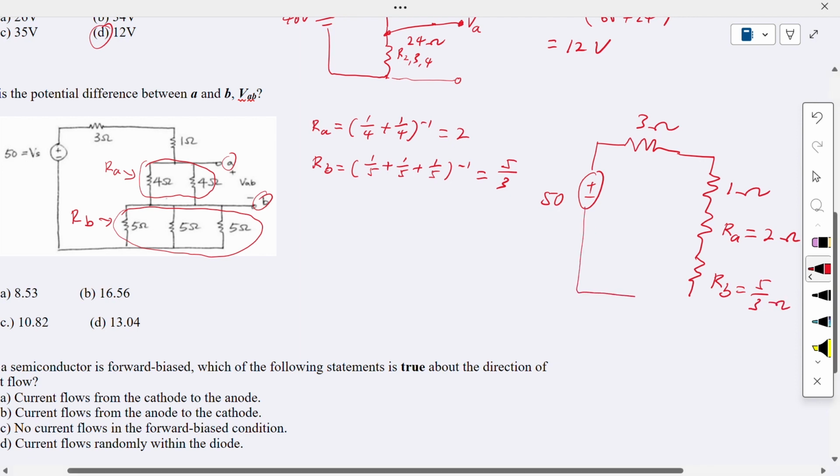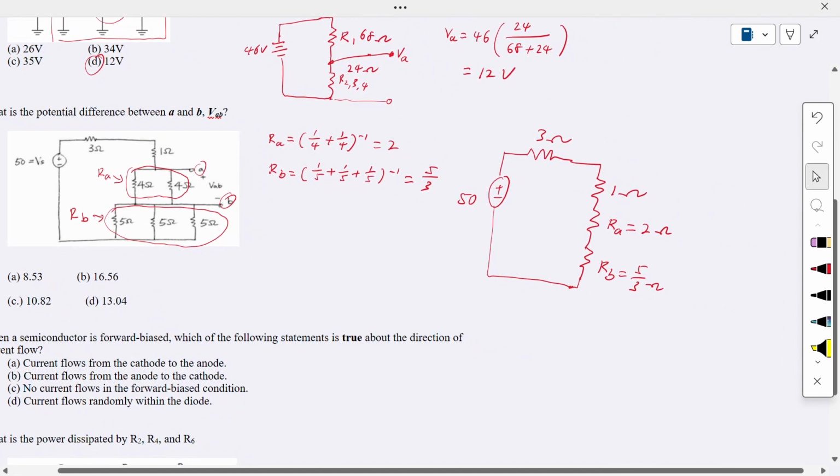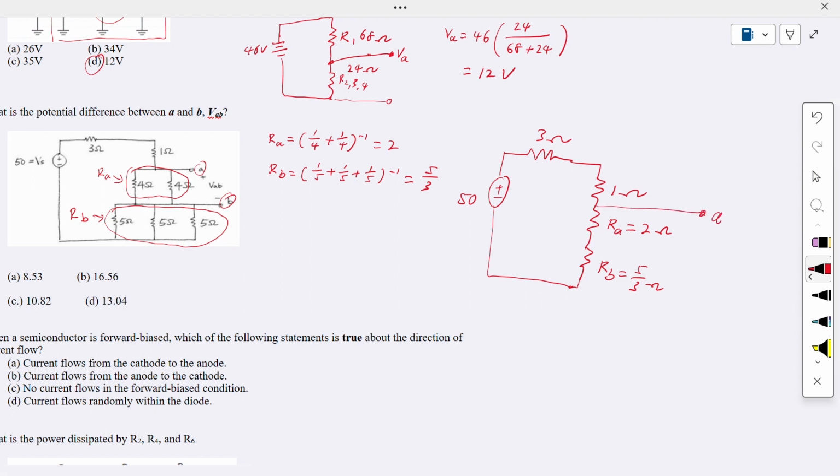This is then connected to the negative terminal of the battery. We want to know the VA and VB. This is the A we need to know, and this is the B we need to know.